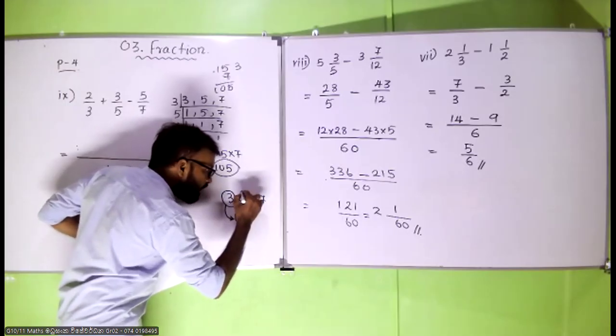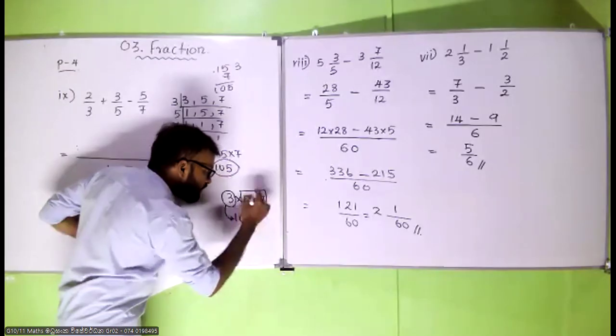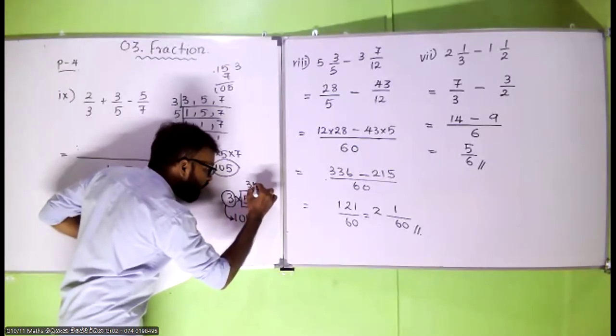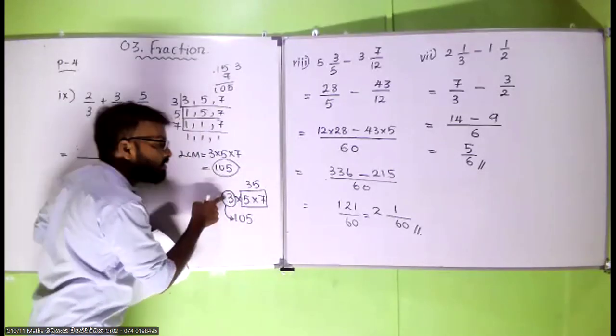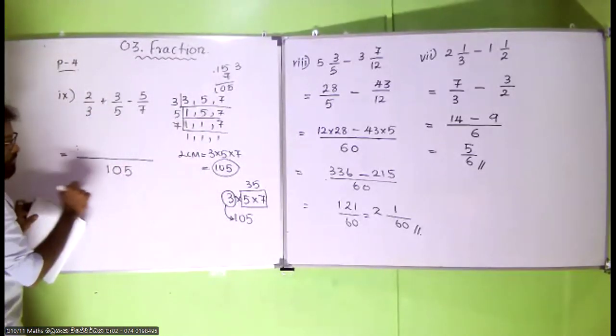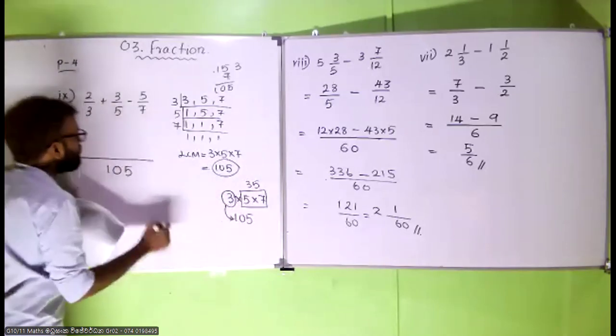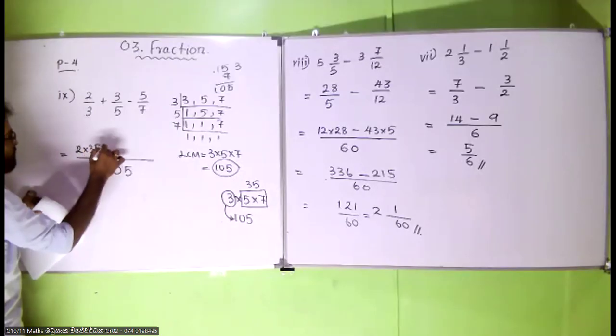You are going to multiply these two numbers together. 5 times 7, 35. There are 35 threes for 105. So 2 multiplied by 35.